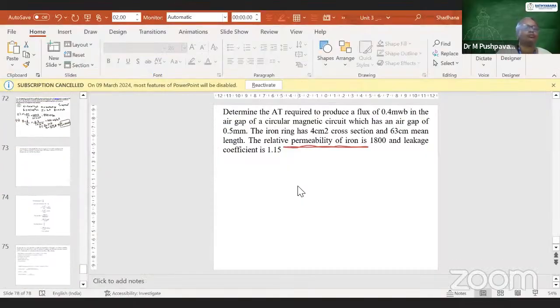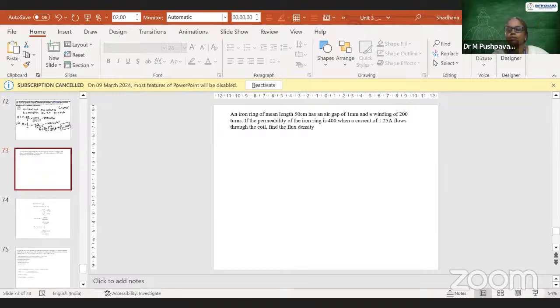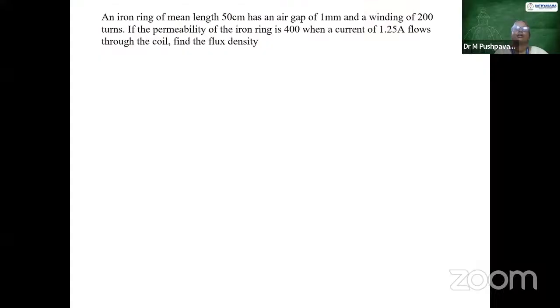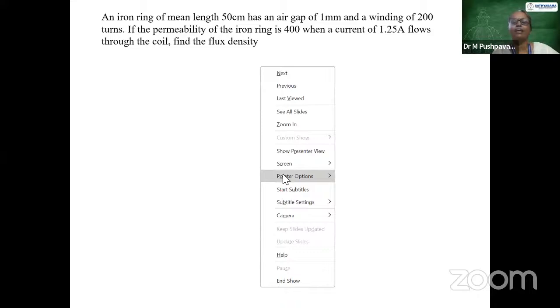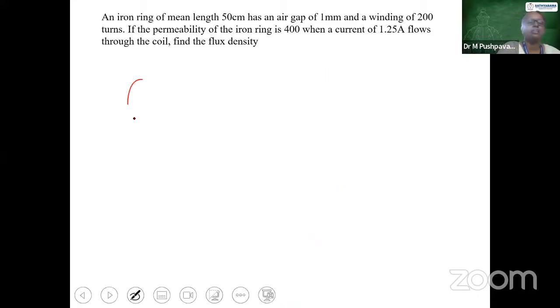An iron ring of mean length 50 centimeter has an air gap of 1 mm and winding of 200 turns. If the permeability of the iron ring is 400, when a current of 1.25 ampere flows through the coil, find the flux density. In this particular problem, you start solving, and now I will allow you to put it in the chat.